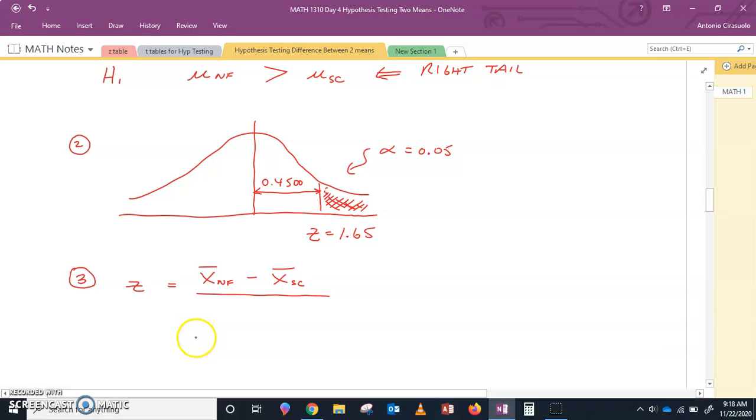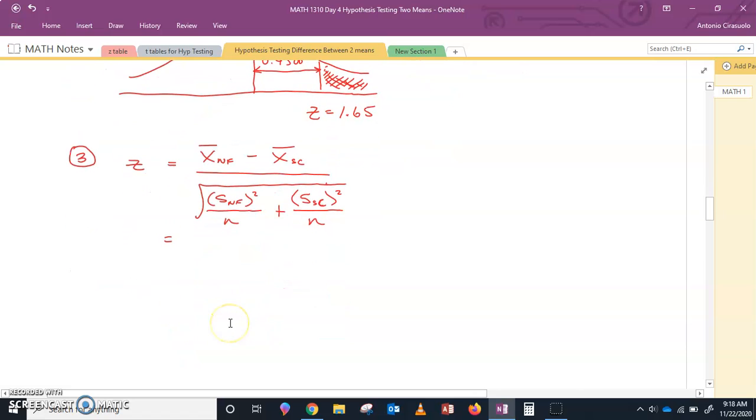And that's all over the standard deviation for Niagara Falls squared, in other words, known as the variance, divided by the size of the sample for Niagara Falls, plus the standard deviation for St. Catharines squared, all divided by the sample size for St. Catharines. Based on our figures, you should have the following.